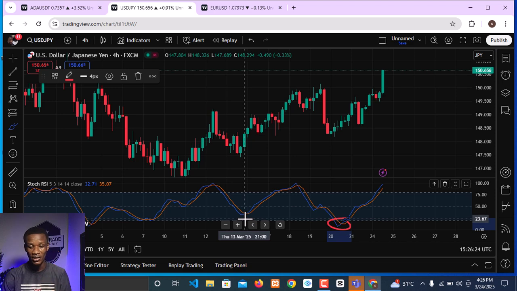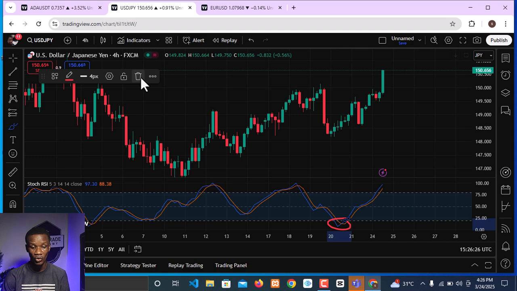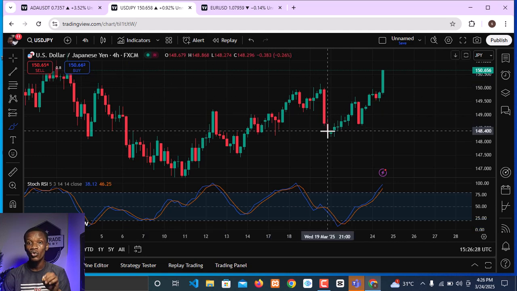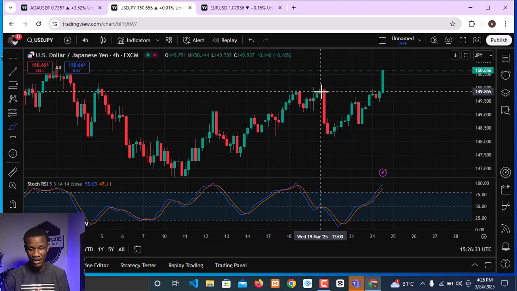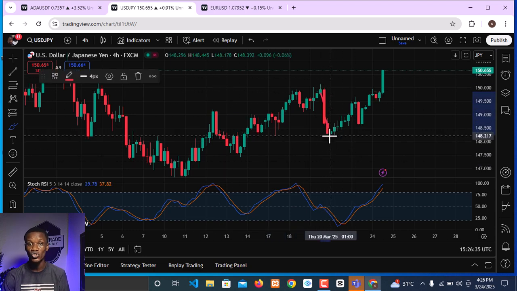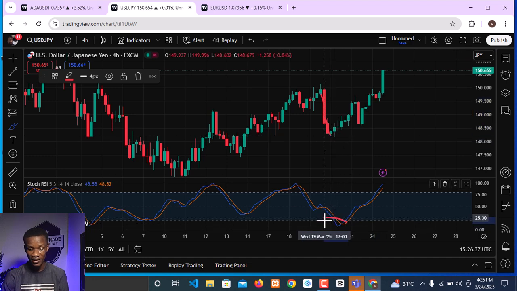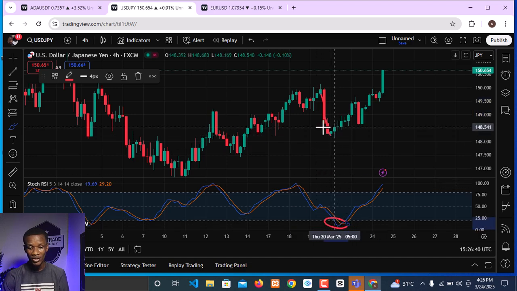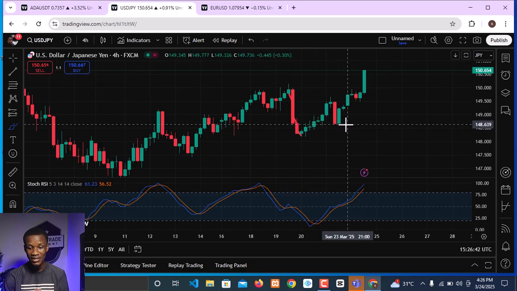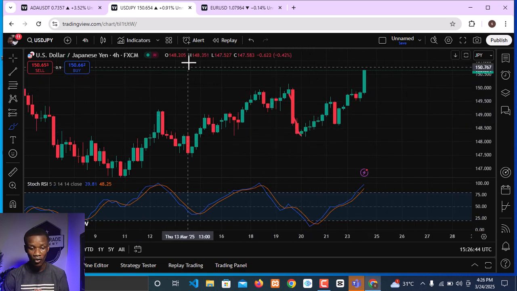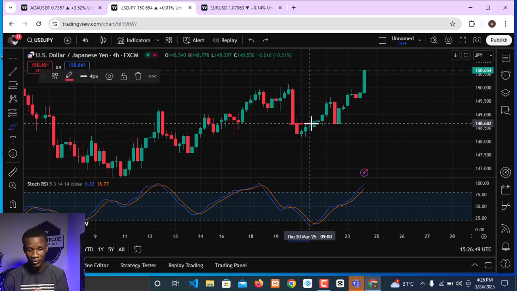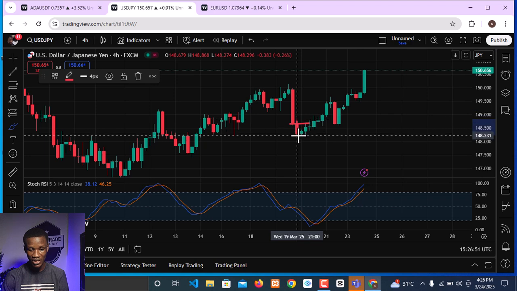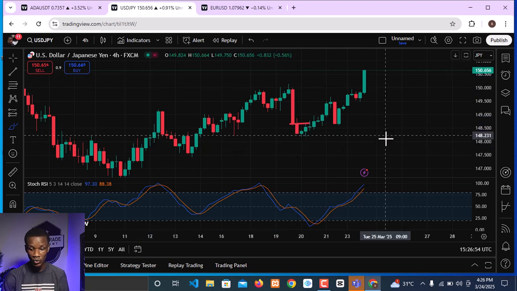And you take a position when the market closes above the last bearish candle. Let's say, for example, in this case, the market enters into oversold condition on the indicator, and then we want to take a trade when the price action moves upward and closes above this bearish candle right here, because this was the last bearish candle on the price action. So if you do that, this is how you should take this position.